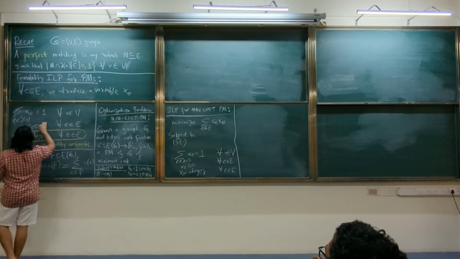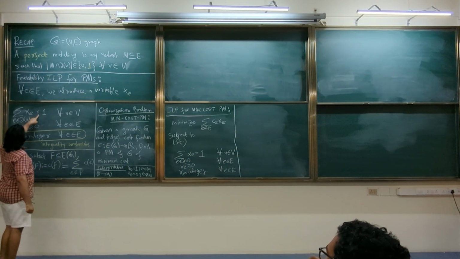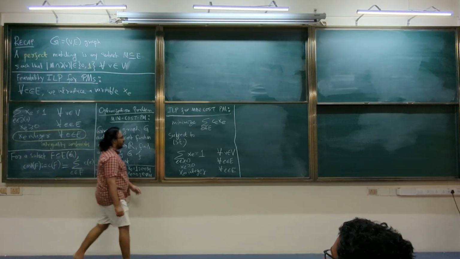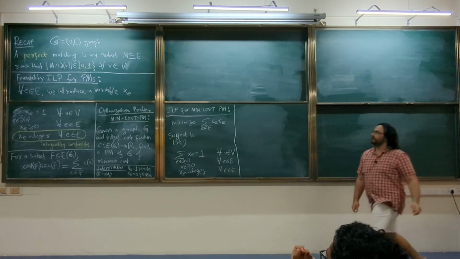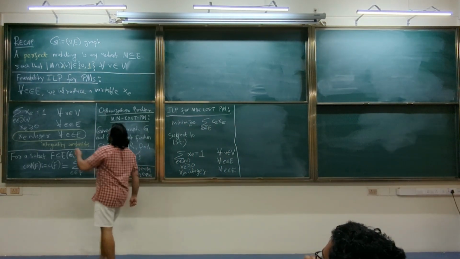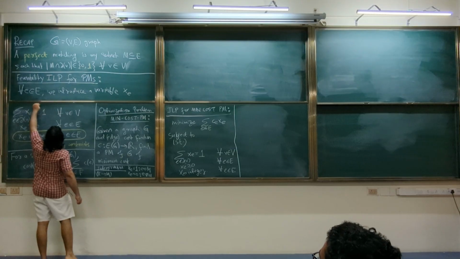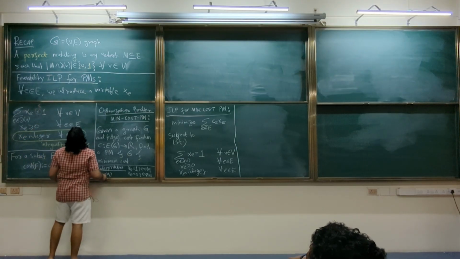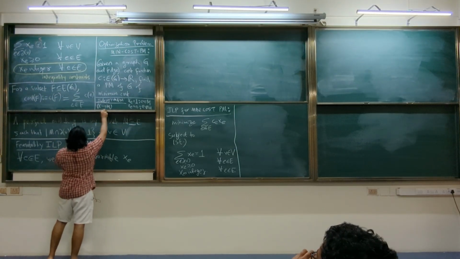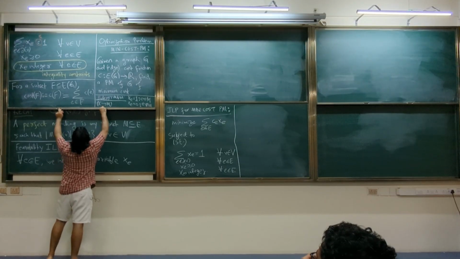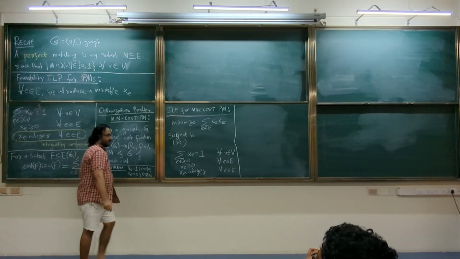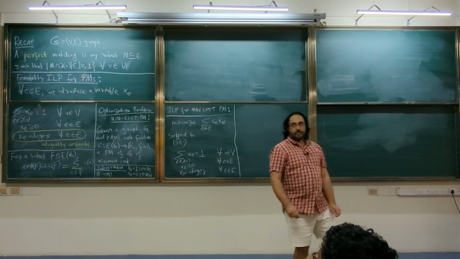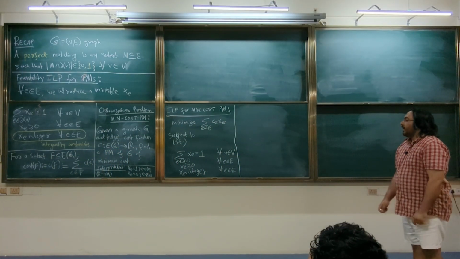And if, instead of equality, you put a less than or equal to, what you will get is just matchings. If I replace this by less than or equal to, then what I have is all matchings, not necessarily perfect.